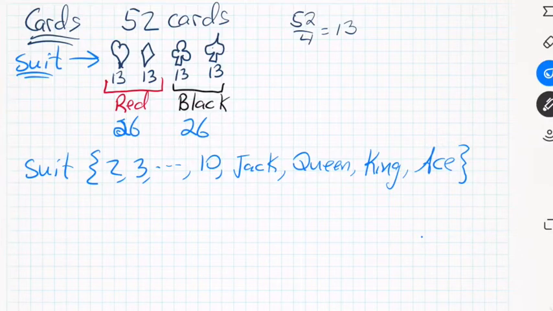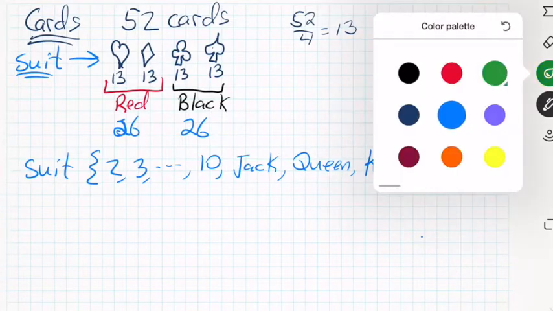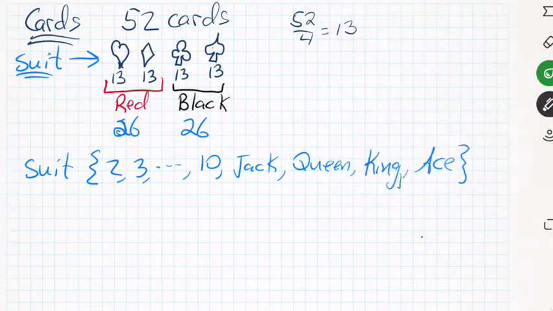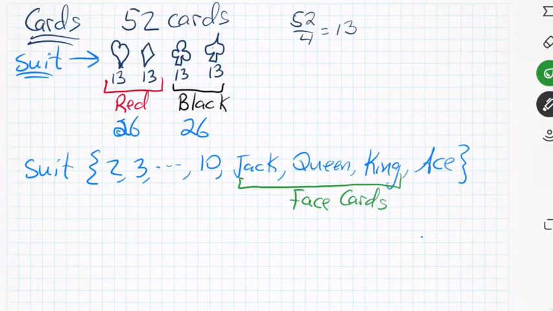Now within the suit, there are 3 special cards, the jack, queen, and king, and they are called the face cards because literally they have faces on them. The ace does not have a face. I love saying that, it rhymes. All right, so we have numbered cards 2 through 10, we have face cards, jack, queen, king, and the ace is kind of its own little thing.